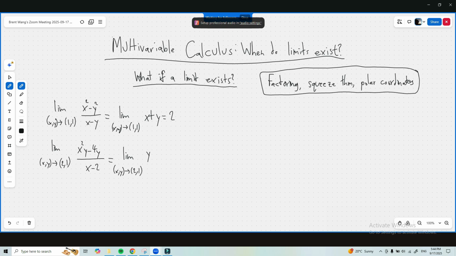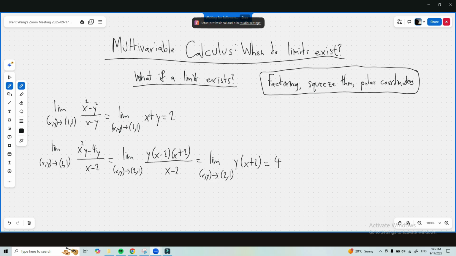Factor out a y: y times (x minus 2)(x plus 2), because x squared minus 4 over x minus 2 is equal to the limit as (x, y) goes to (2, 1) of y times (x plus 2), which is equal to 4.